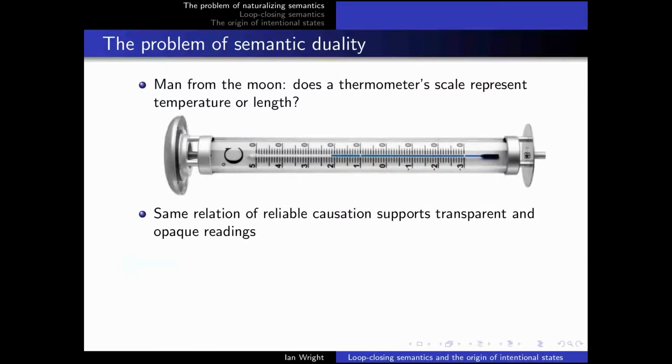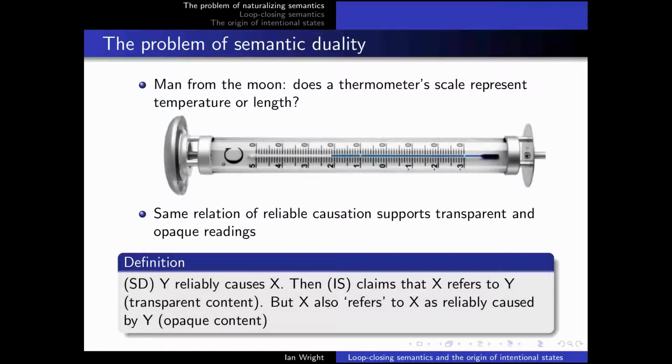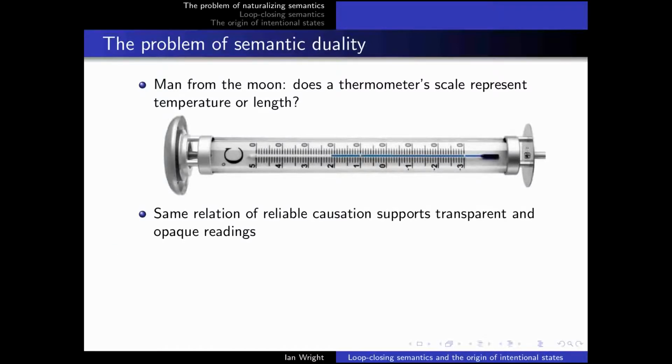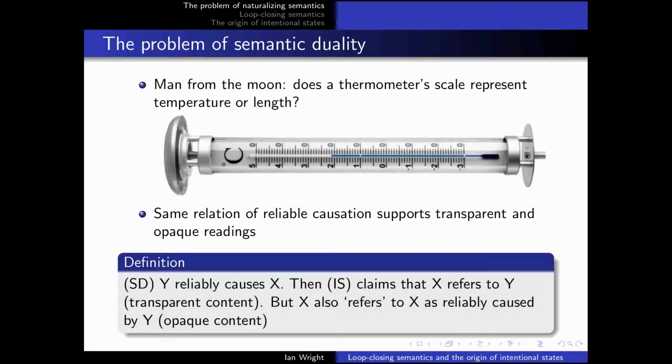Now we know this conclusion is wrong, but the point is this. The very same relation of reliable causation supports a transparent and opaque semantic interpretation. The transparent reading is where we take the length of the mercury column to be a window onto something else, namely temperature. The opaque reading is where we take the length of the mercury column as simply representing itself.